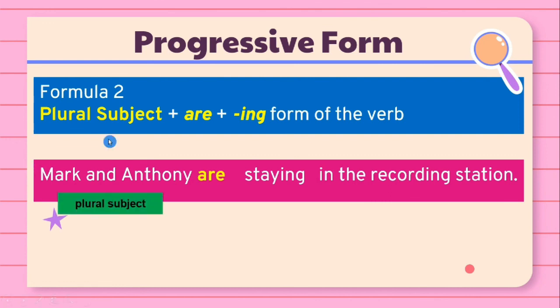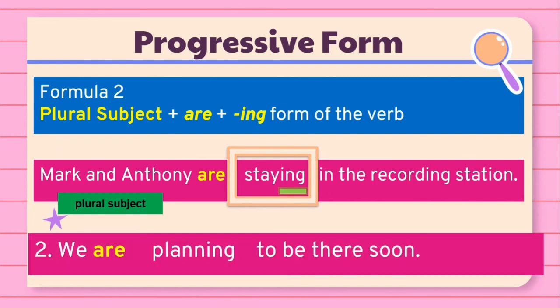We have Mark and Anthony. Now notice that right after your helping verb, which is are, what follows is we have staying. This would be your verb. And your verb here should be on its ing form. Okay, so we add ing to the verb stay.